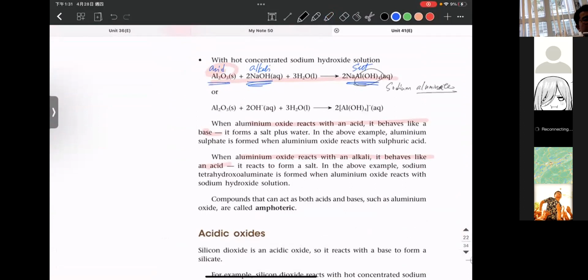Aluminate is a complex ion, anion, with a formula Al(OH)4 with an overall charge minus, aluminate. Or you will use the word tetrahydroxoaluminate. Now hydroxo means OH minus, tetra means 4, aluminate means that it's a complex ion.